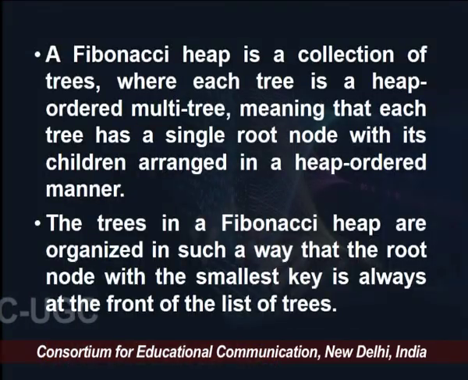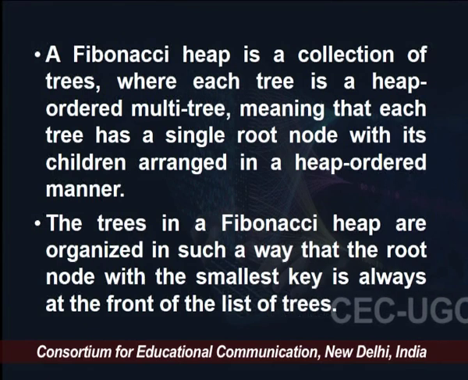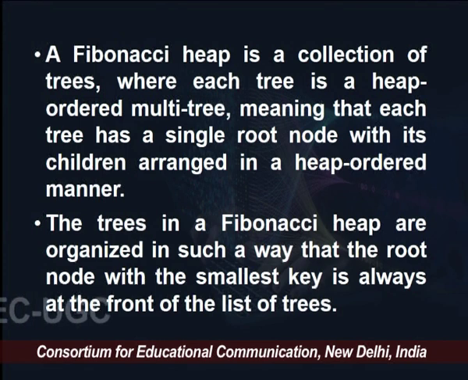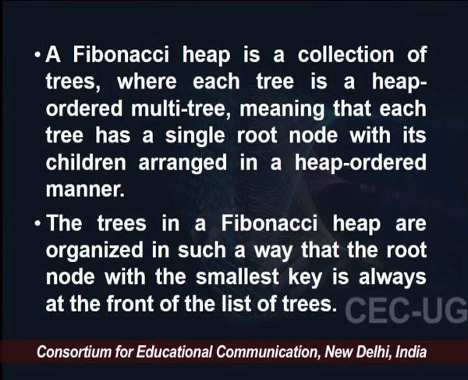When we consolidate the information which we have seen till this point, we can say that Fibonacci heap is actually a collection of trees in which each tree is a heap ordered multi tree, meaning that each tree has a single node with its children arranged in a heap ordered manner.